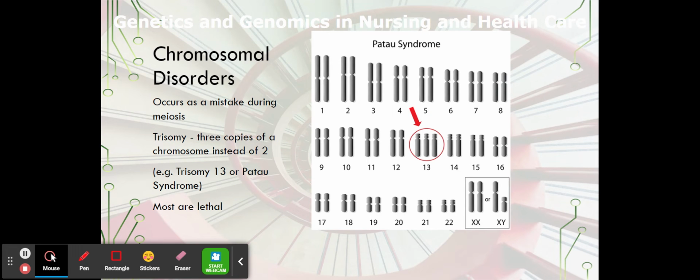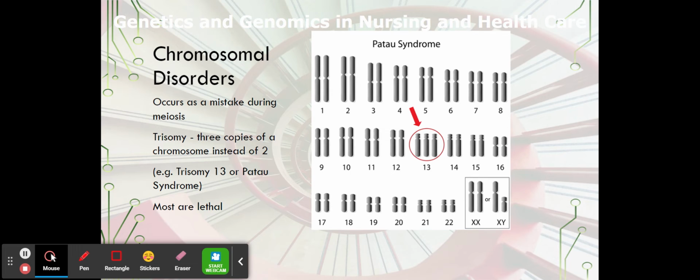The last topic we're going to discuss is chromosomal disorders because they are polygenic to the max. This affects a whole chromosome or even a piece of a chromosome, but it's a mistake. Most of the time it occurs during meiosis 2 when we're getting ready to package that material for combination with somebody else's chromosomal information.